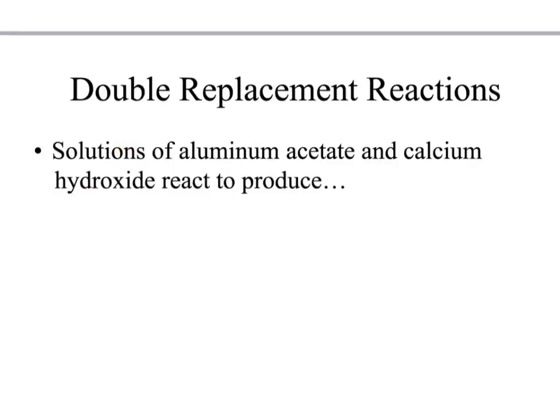So we have solutions of aluminum acetate and calcium hydroxide. So let's write our reactants. We've got aluminum acetate. Make sure you know how to write your formulas. And this one is aqueous.